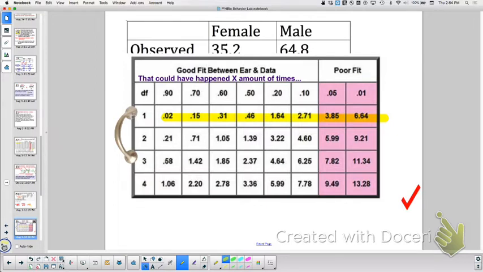Something is up. So our null hypothesis said women aren't underrepresented in the field of chemistry. However, the data we have shows that that null hypothesis is a very poor fit. Less than 1% of the time that would happen. So our null hypothesis is not accurate.